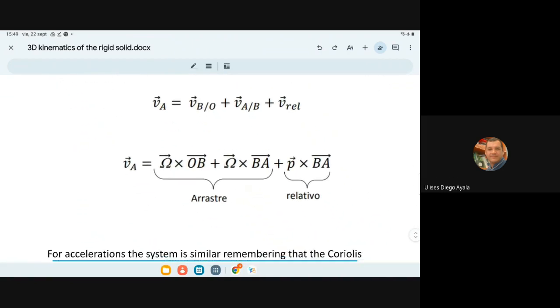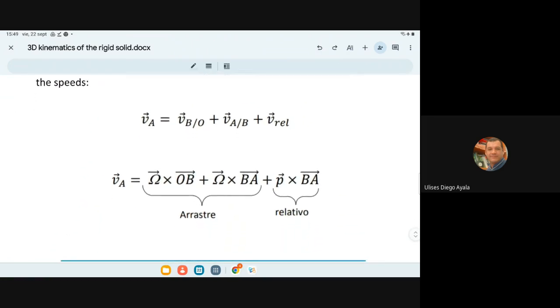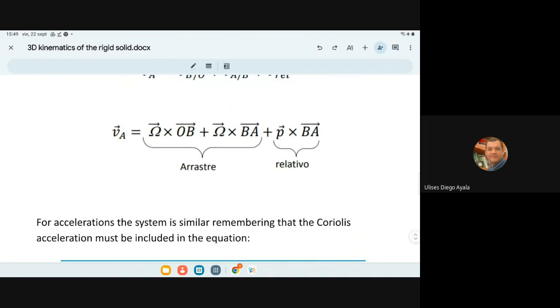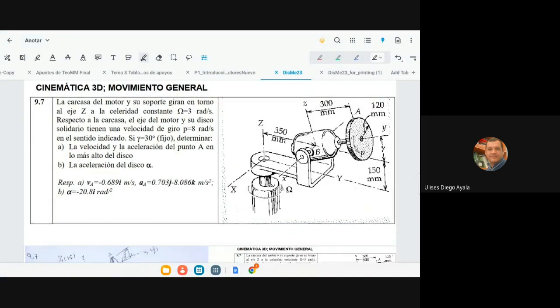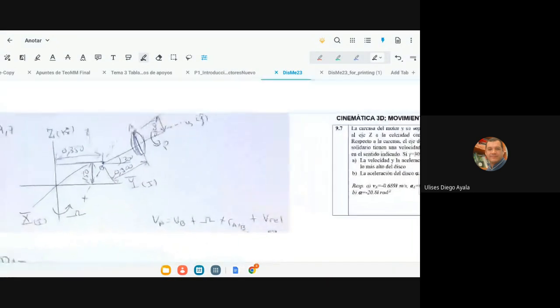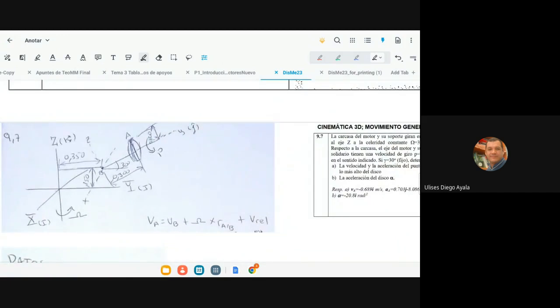Okay, so we are going to apply a similar condition. So we go to the solution. And the first thing is for you to draw your own drawing. Tú tienes que dibujar tu propio dibujo.